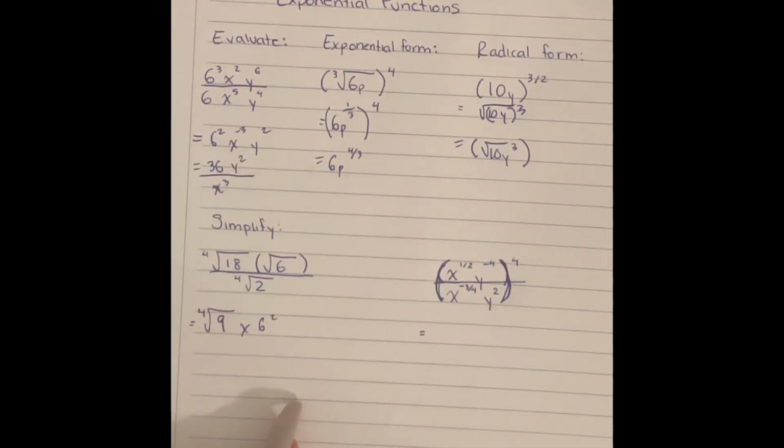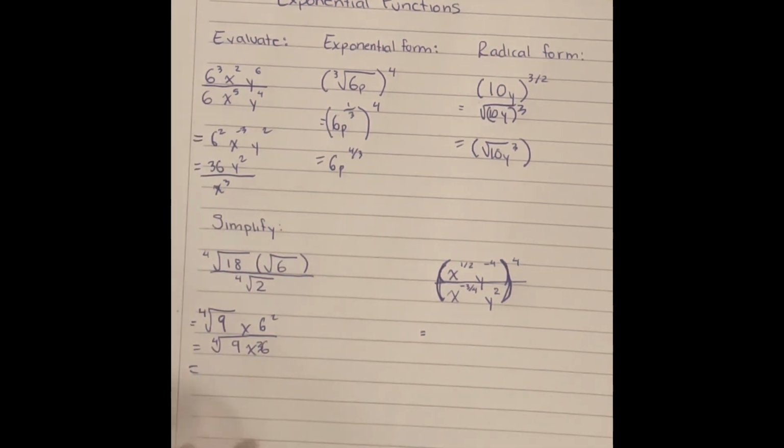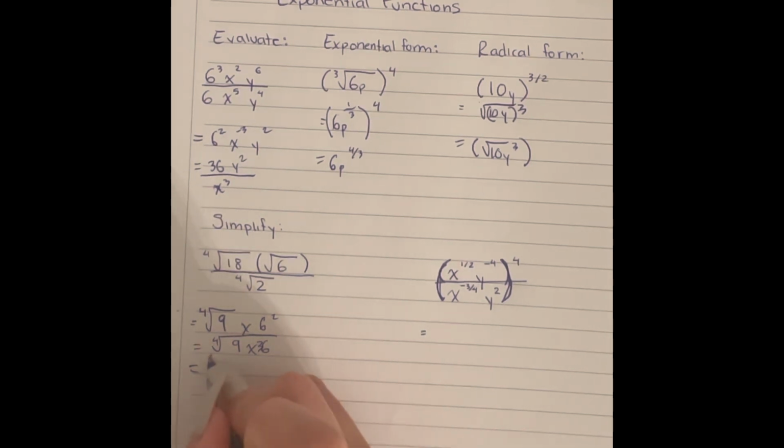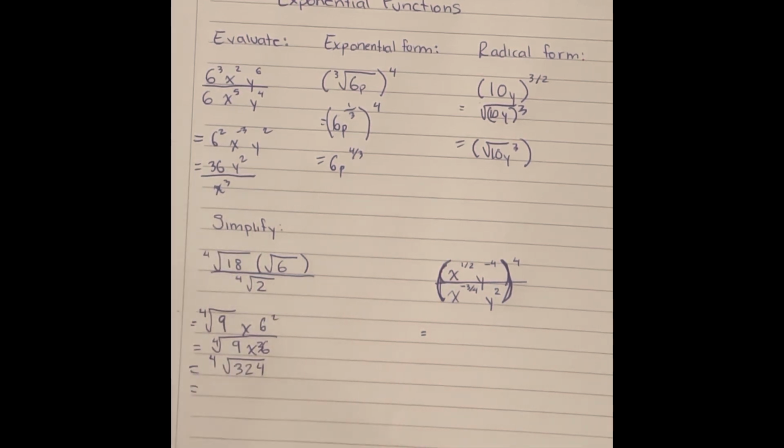Once we have that, I can group these two together. It's going to be 9 times 36. So just doing that, it's going to give me 324. So now we have 4 times the square root of 324, but we want to break this down more. So we're going to take this radical and break it into 3 to the power of 4 times the square root of 4.